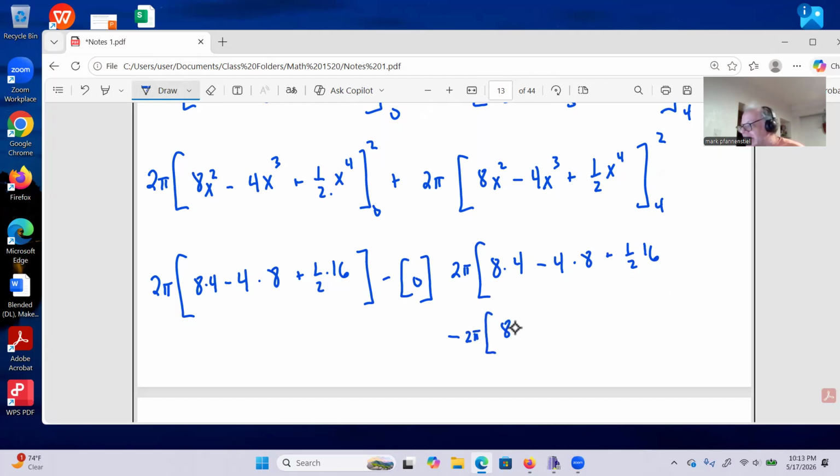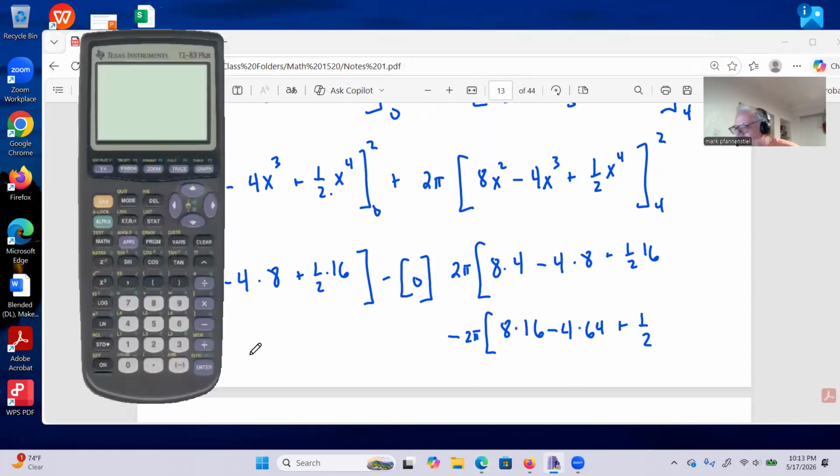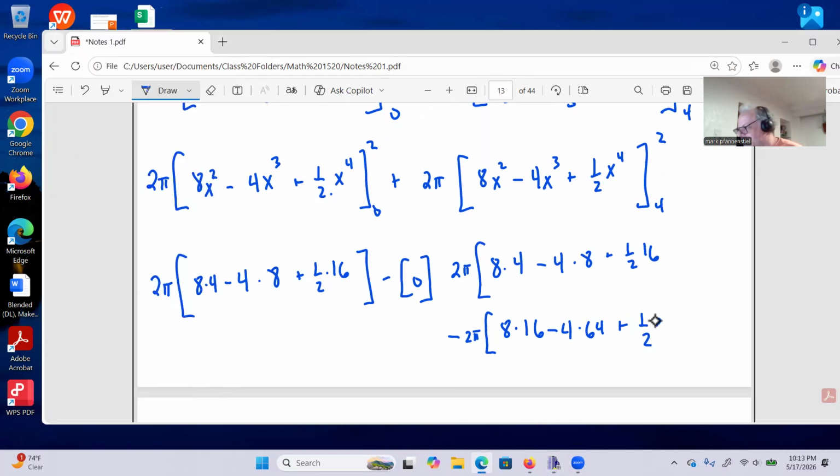Now we have 8 times 4 squared is 16, minus 4, now 4 cubed is 64. Okay, so we have 64 sitting here plus 1 half, and then we have to do 4 to the fourth power. Good grief, I don't know what that is. Fortunately, there's a calculator. Okay, so we have 4 raised to the fourth power. 256, great.